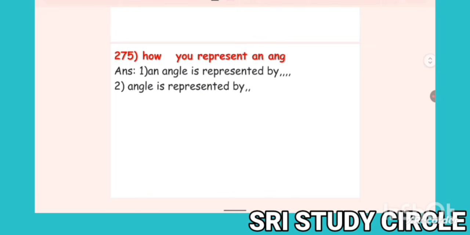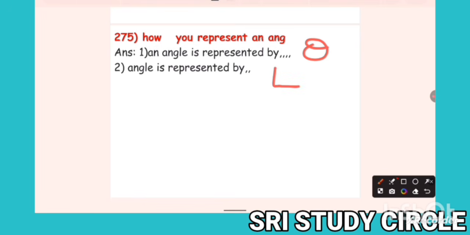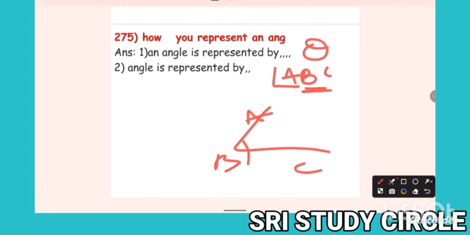How do you represent an angle? Angle is represented by theta. Suppose ABC, angle at B. Generally the angles are denoted by theta, or with respect to points, angle at B means angle ABC.